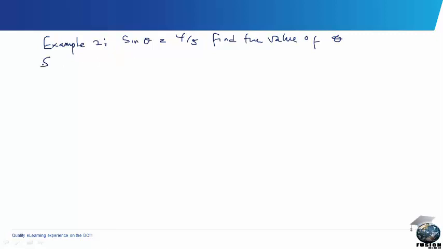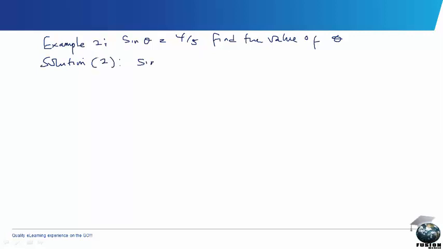Sometimes you may be asked to find the missing angles. Assuming you are given, for example, our example 2, that sine theta is equal to 4/5, and you're told to find the value of theta. All you have to do is the solution to 2.